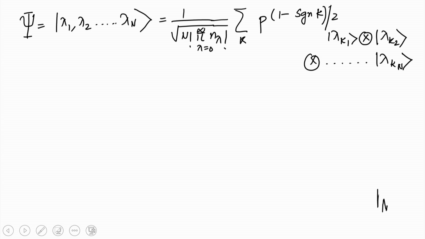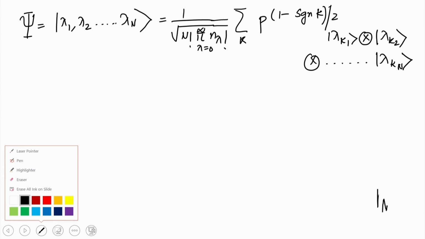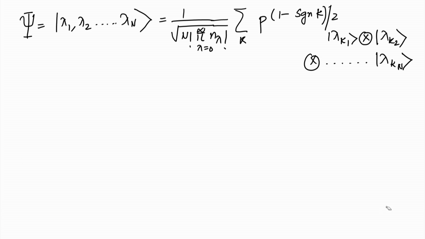As I said, there is a particular index or quantum number used here, k 1, k 2, k n, which can be momentum or spin or position or energy, depending upon the suitability of the problem. So, what is this p to the power 1 minus sgn k?